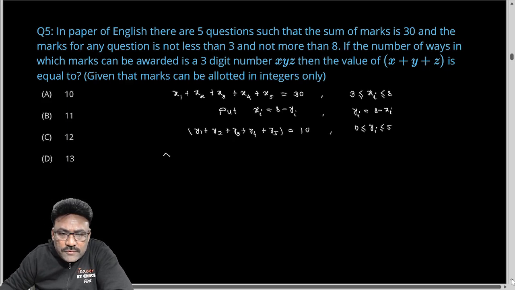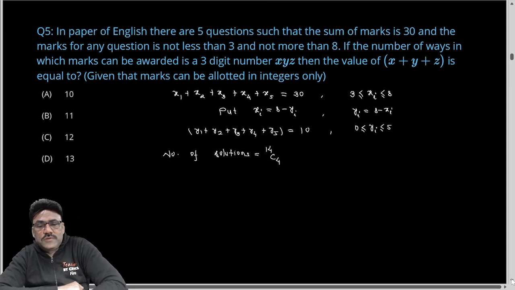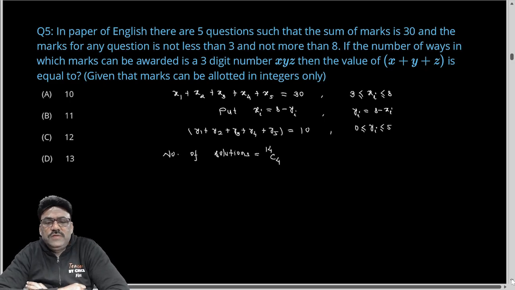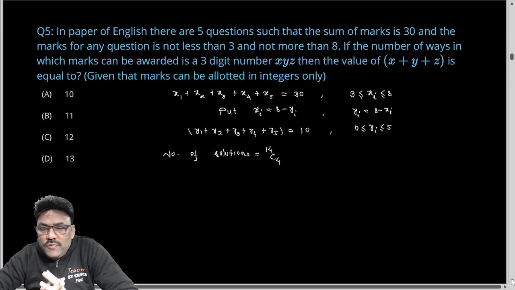So n is 10, r is 5, and it is 14C4. But this is the number of solutions when there is no restriction on yi, meaning y1 to y5 are any whole numbers.